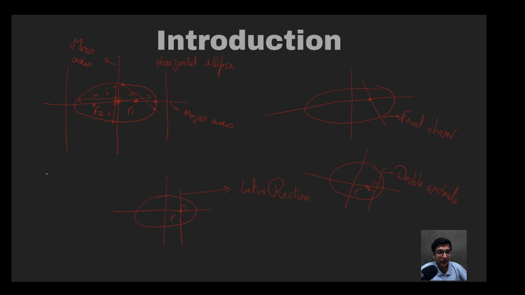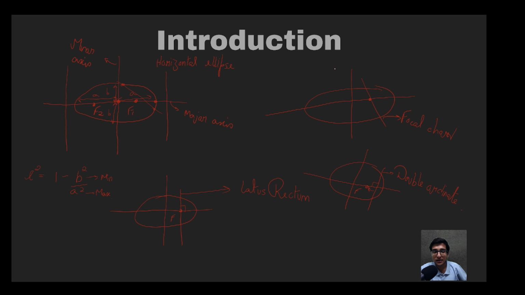Now one more important concept to remember here: since we know this is A, this is B, E square is represented as 1 minus B square by A square. You have to keep in mind that B is the minimum value here and A is the maximum value here.